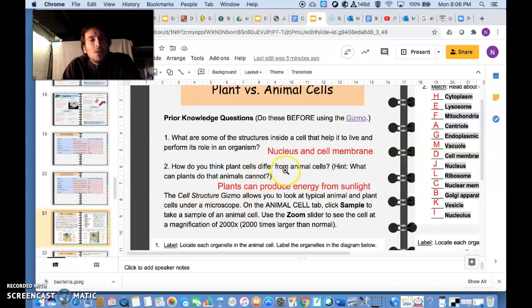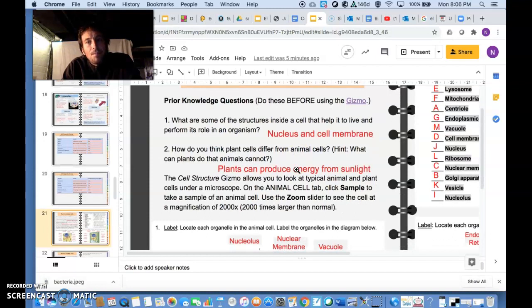And why? Because they're capable of essentially carrying out homeostasis on their own, and that's because largely of their organelles, right? So things like their nucleus and their cell membrane. Their cell membrane sets up a boundary around them. It allows them to maintain an internal environment regardless of what's kind of going on around them.